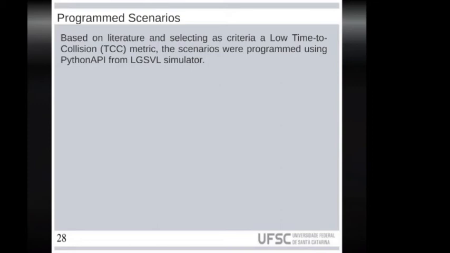This is a good metric to decide that a scenario is critical, because a huge time to collision means that it's not a critical scenario in terms of collision. Of course, there are other criteria, and you need to be an expert to decide which scenario is critical.